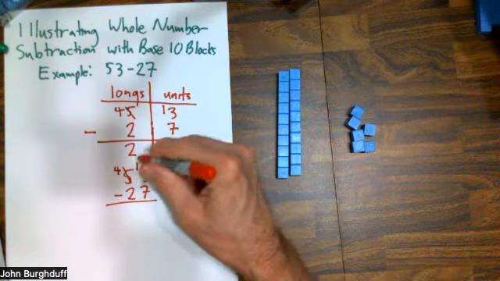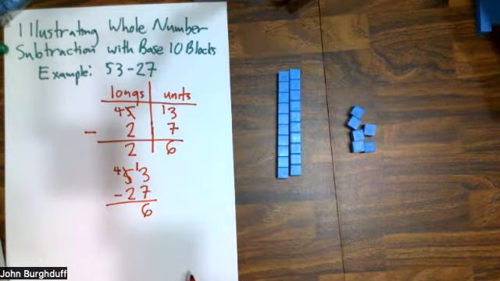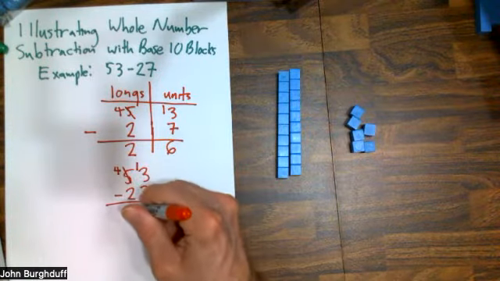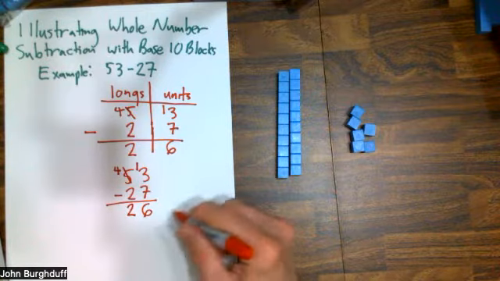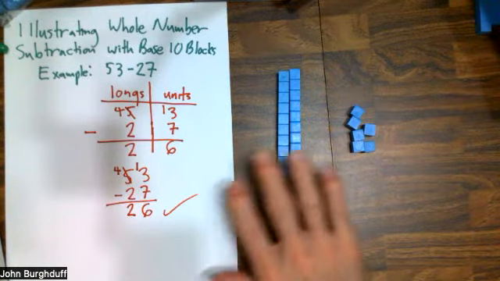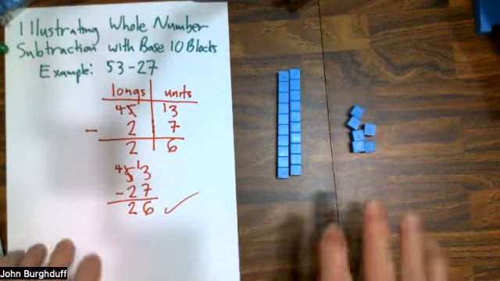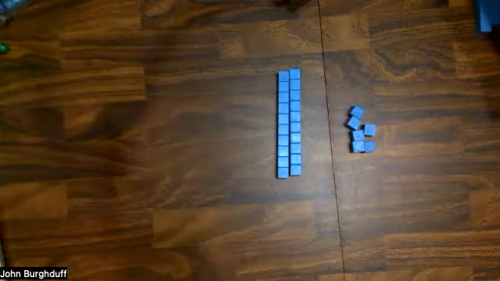Now there's 13 units. And I can take away 7, and it gives me 6. And then in the longs place, 4 minus 2, 4 take away 2 is 2, so the answer is 26. That's the standard algorithm. It's just the base 10 blocks in an abstract form. So this can really help your students understand what's happening in that abstract algorithm.